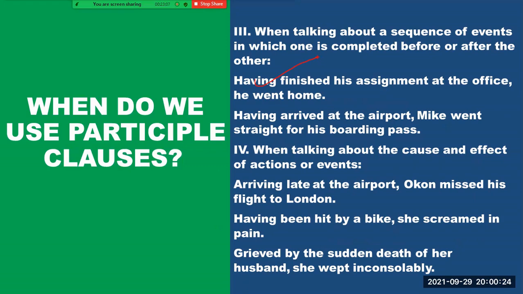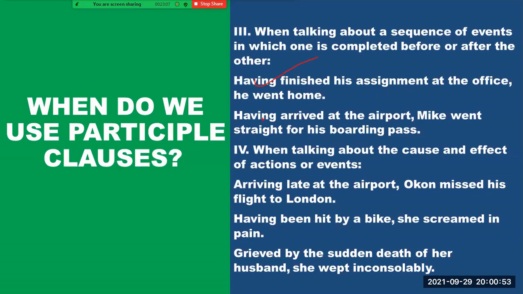Now, there are two things that happen here. He finished his assignment at the office and he went home. And one happened before the other. And so you can see we used the participle clause to talk about the first action. He first finished his assignment at the office before he went home. So having finished his assignment at the office, he went home.